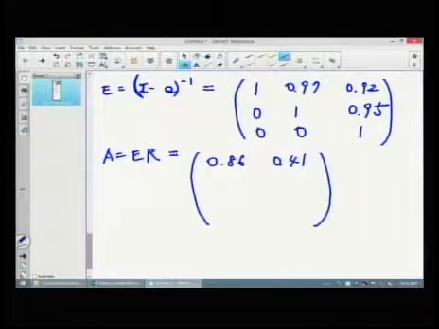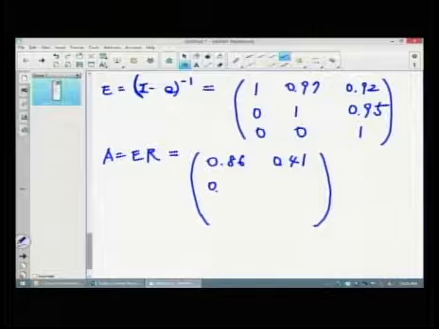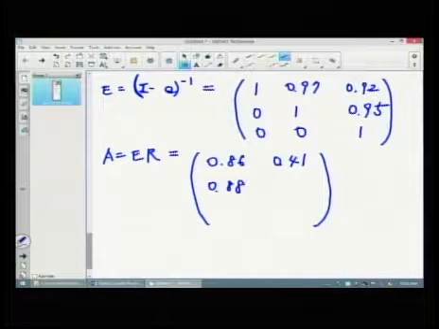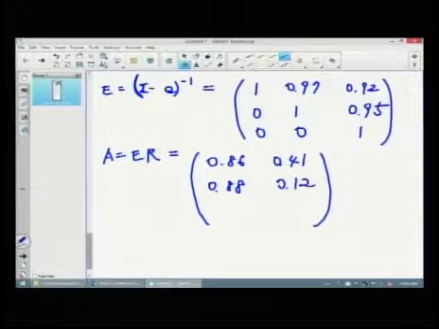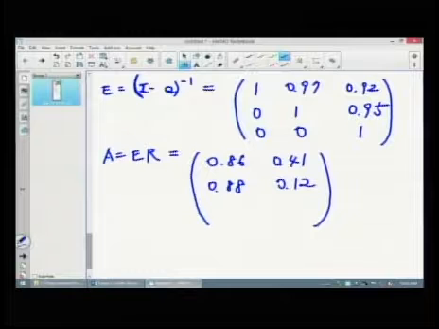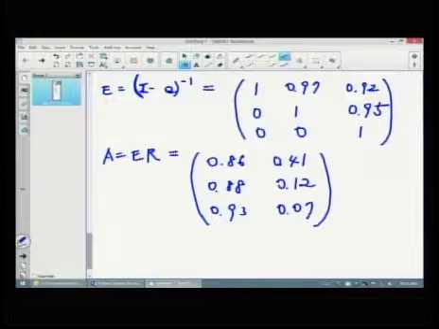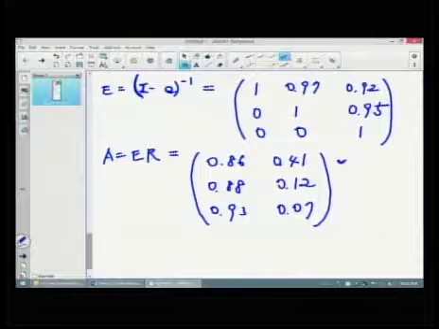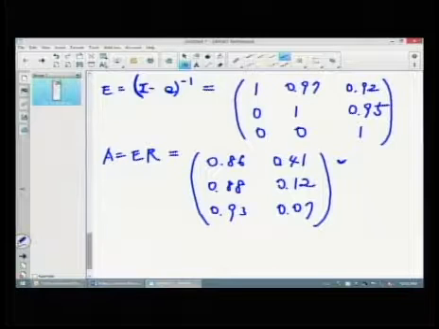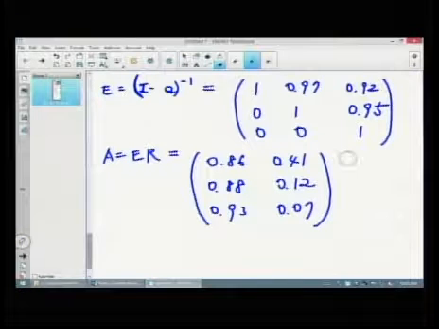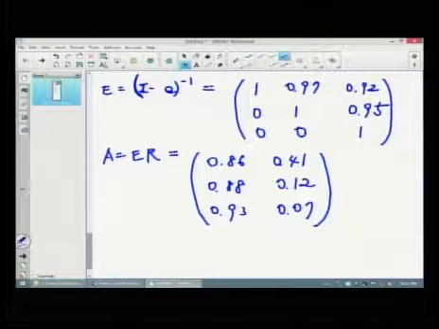Okay. 0.88? 0.12? 0.93? 0.07? Well, I think something is wrong in the first row, because the summation of the first row, each row has to be equal to 1. So, can you give me any corrections for that?